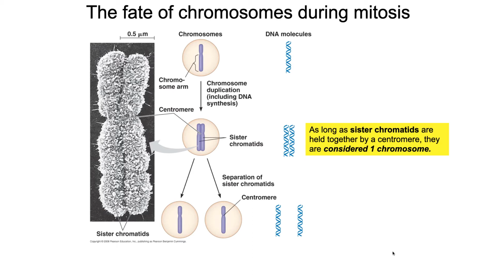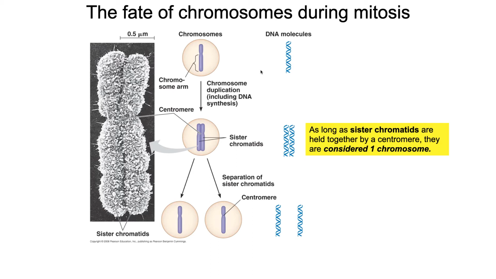Now, 99.9% of the time, a chromosome is just one double-stranded DNA molecule. It's millions of base pairs long, it has thousands of genes, and it just exists like this, wound around various histone proteins and being the substrate for transcription.